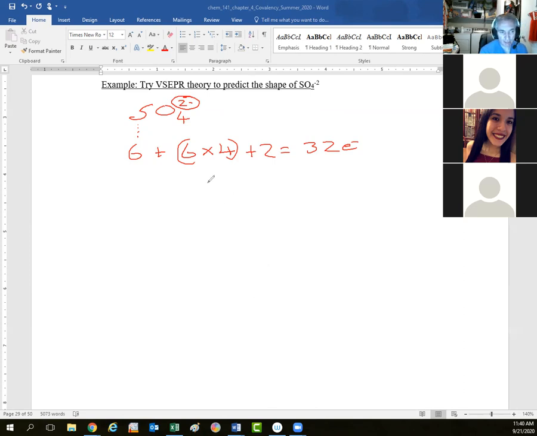Choosing the central atom, both sulfur and oxygen need 2 more to make an octet, but sulfur is lower in the table. It's a physically bigger atom. So sulfur goes to the center. We connect it to those 4 oxygens using 2 electrons each time, of course. So we're down to 24.